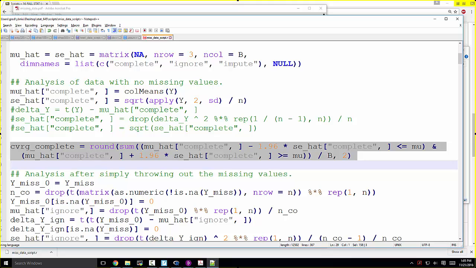With our above mu hat and SE hats, let's do a normal based 95% confidence interval. Estimate plus or minus 1.96 times the SE of the estimate is what this is doing.